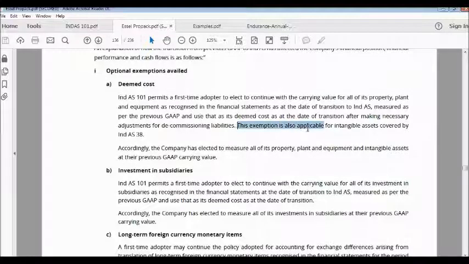This exemption is also applicable for intangible assets covered by Ind AS 38. Accordingly, the company has elected to measure all its property, plant and equipment and intangible assets at their previous GAAP carrying value.